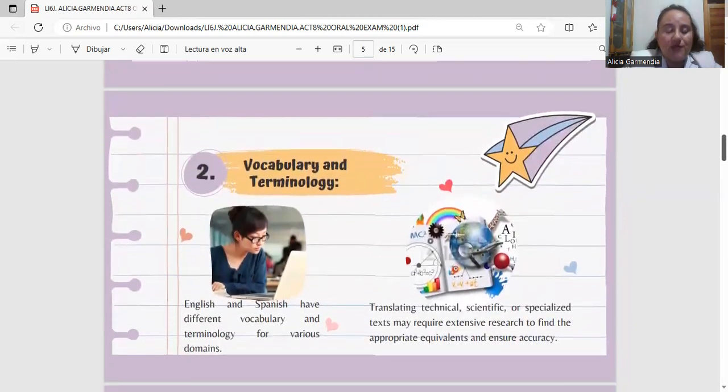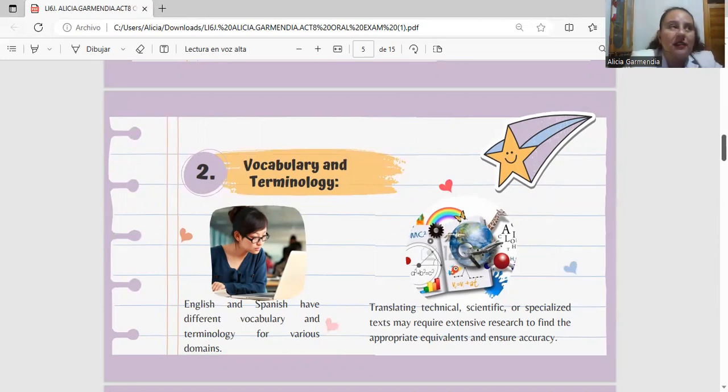Vocabulary and terminology. English and Spanish have different vocabulary and terminology for various domains. Translating technical, scientific, or specialized texts may require extensive research to find the appropriate equivalents and ensure accuracy.